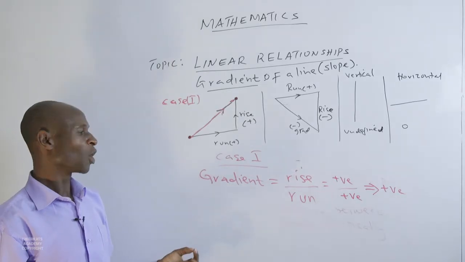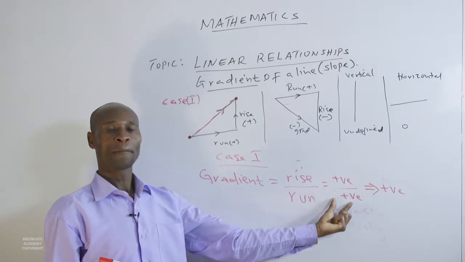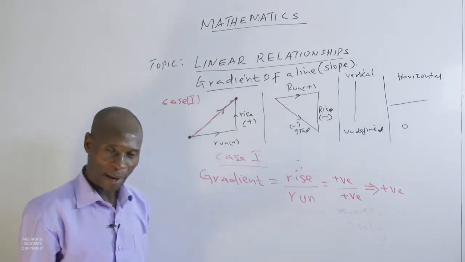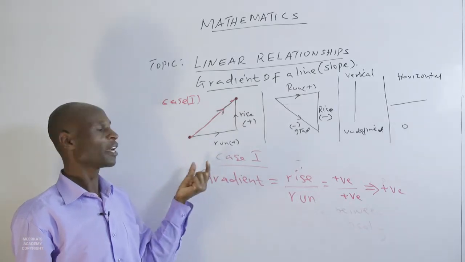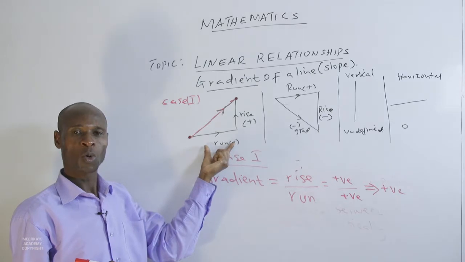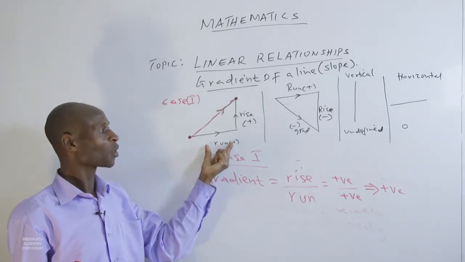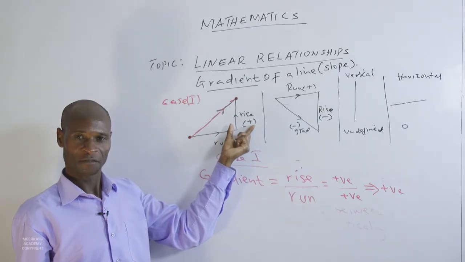Why? Because the rise is positive and the run is also positive. And remember, as I mentioned, the run is always positive. That is the horizontal distance between 2 points is always considered positive, while the rise can either be positive or negative.